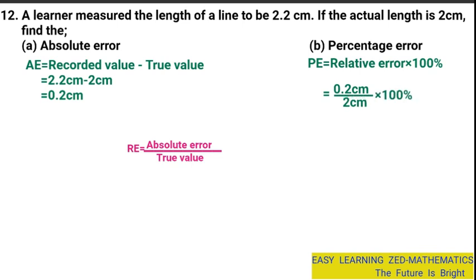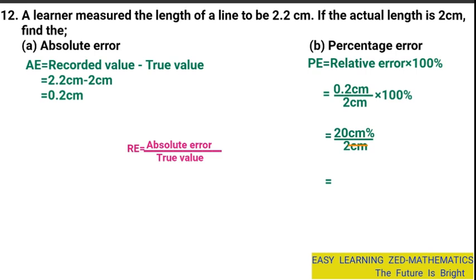Next, we multiply 0.2 centimeter by 100%, which gives us 20 centimeter percent, divided by 2 centimeter. So when we write equal to, we divide by 2.